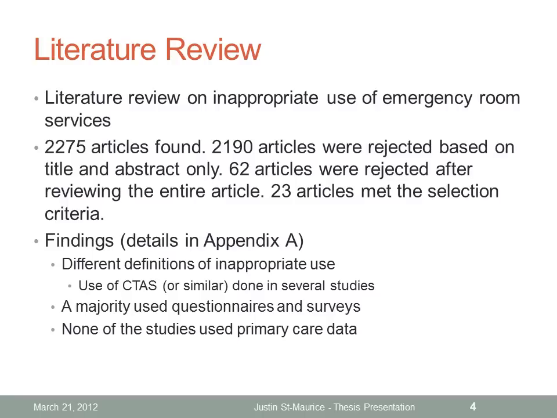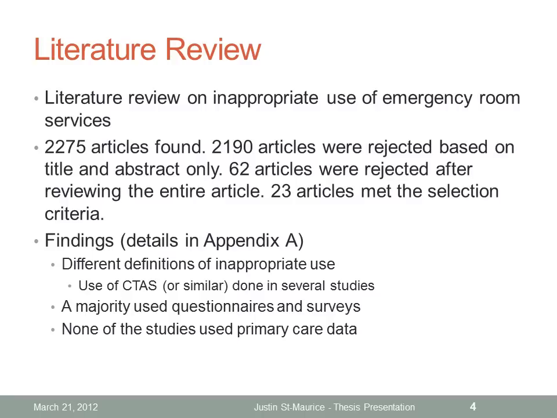Another finding that was discovered by looking through all the articles was that a lot of existing studies use questionnaires and surveys. They were very qualitative in nature, and they had codes and categories that they wanted to investigate before they started looking at data and interviewing patients.